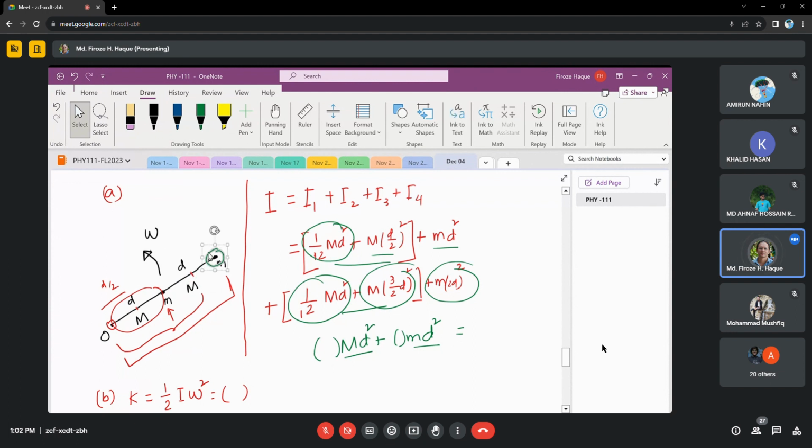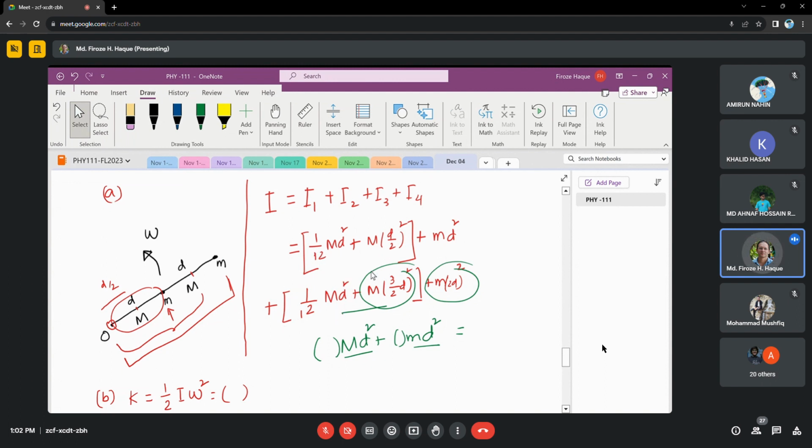So that's not suggested. Okay. So any question, anything? Remember, this kind of thing has a possibility of showing up in the exam for a compound system.